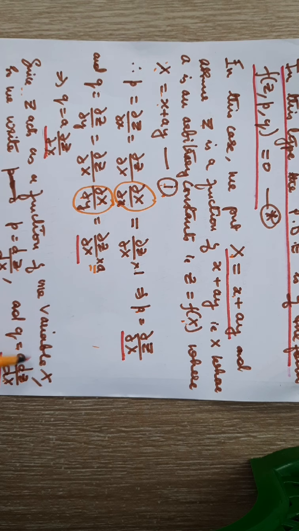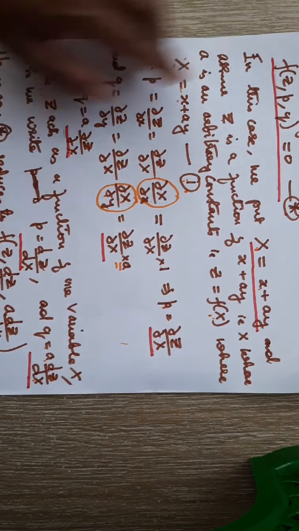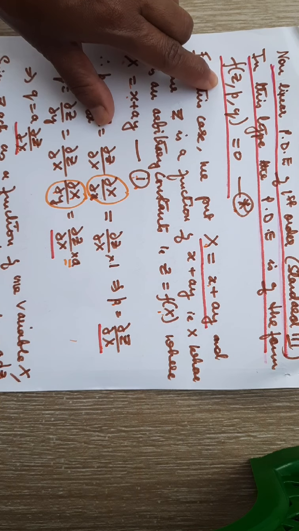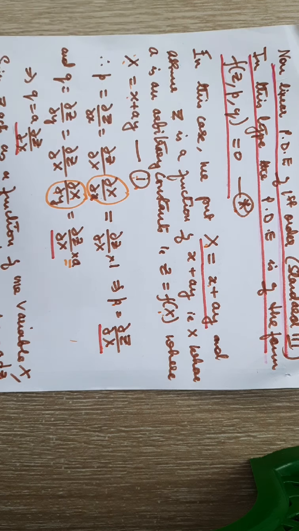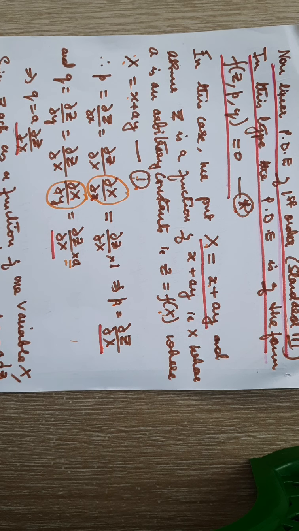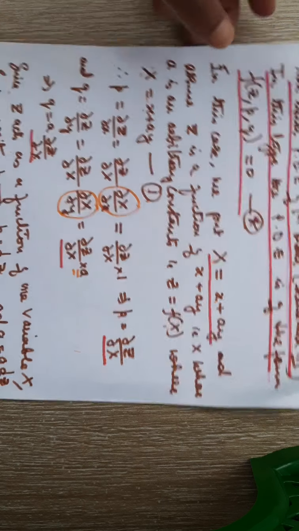Therefore you substitute the values of p and q in the original equation star, so that it becomes f of z, dz dX, a dz dX. You will see that this is an ordinary differential equation of first order and can be solved easily, like what you have done for first order ordinary differential equations in the first semester.